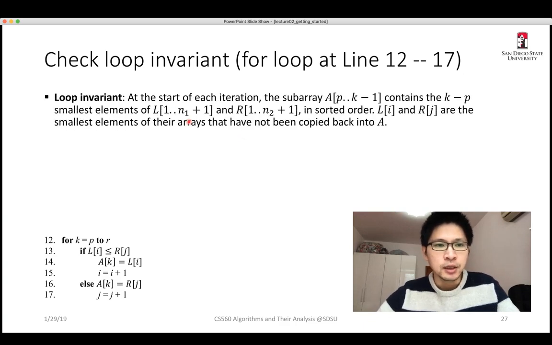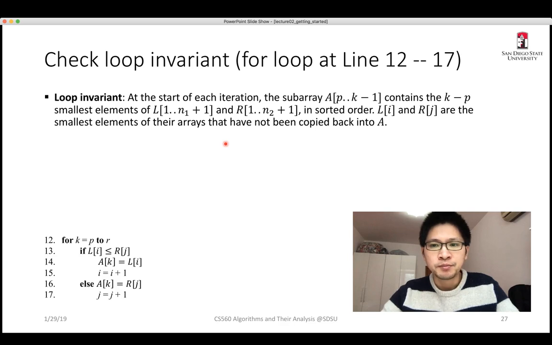A loop invariant for the merge procedure is that at the start of each iteration, the subarray A[p..k-1] contains the k-p smallest elements from L and R in sorted order.